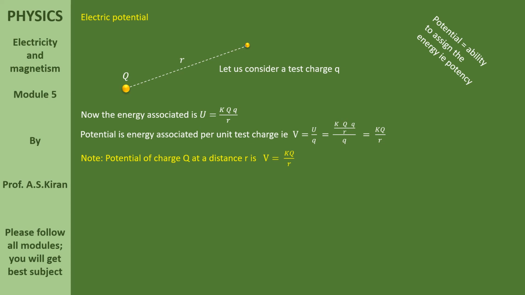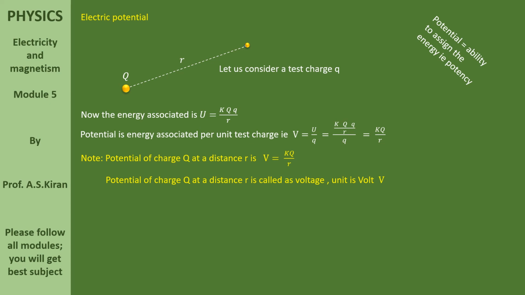So the potential of a charge Q at a distance r is V equals KQ by r. This is called voltage. Its unit is volt. What is potential again? Ability to assign the energy. That is potency. Very simple.